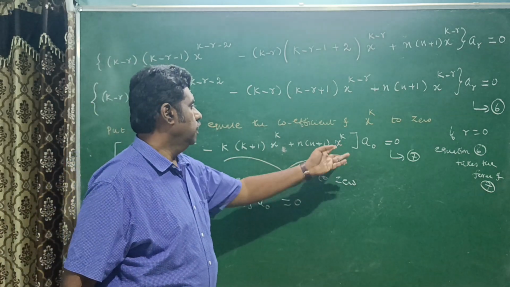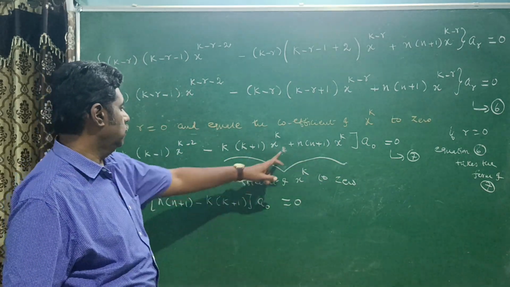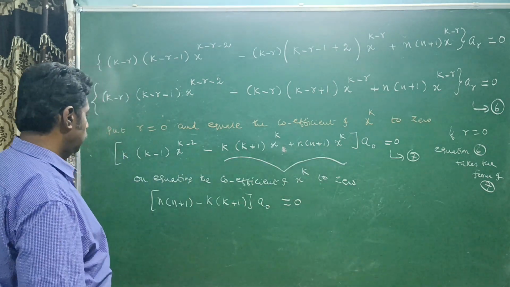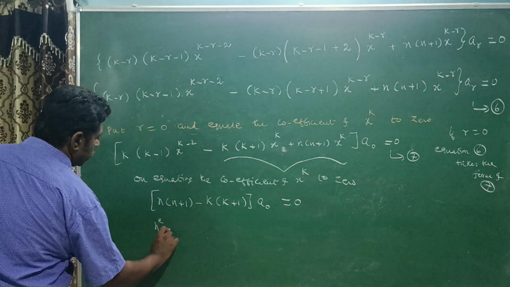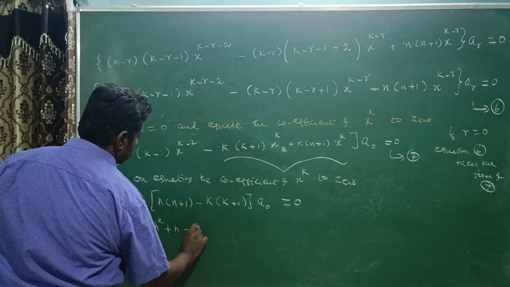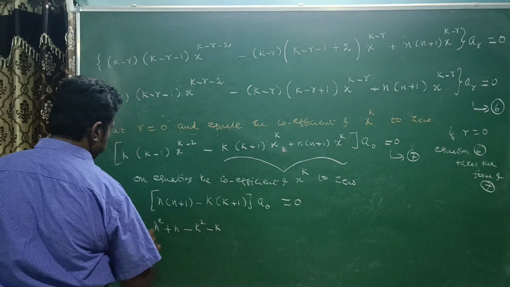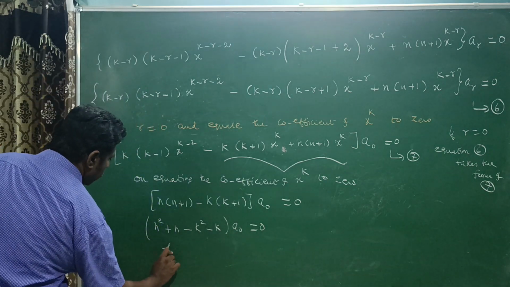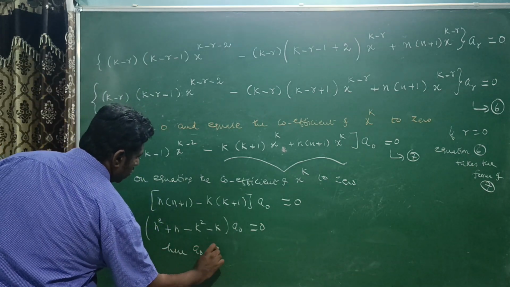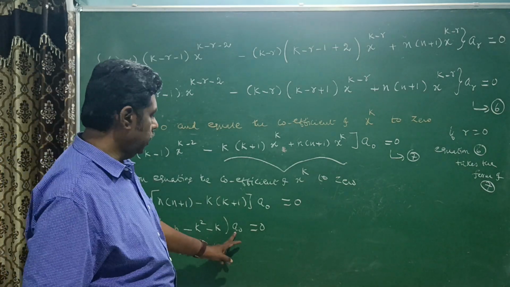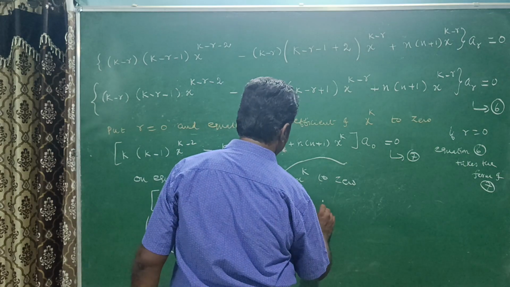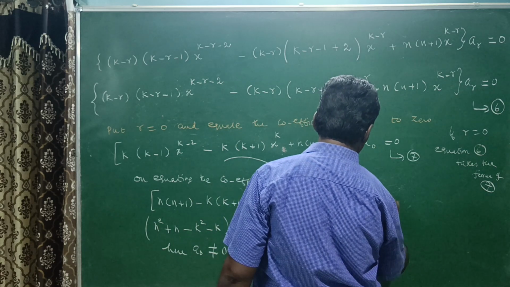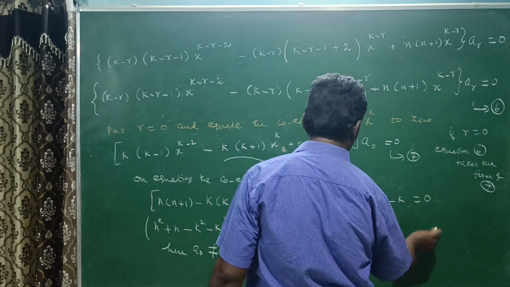Therefore, n into n plus 1 minus k into k plus 1, entire is multiplied by a0 equal to 0. This is n square plus n minus k square minus k into a0 equal to 0. Here a0 is not equal to 0. Therefore, n square plus n minus k square minus k equal to 0.